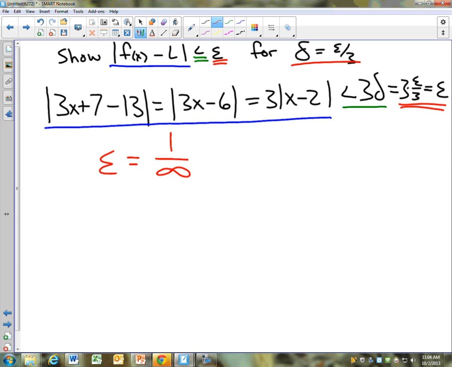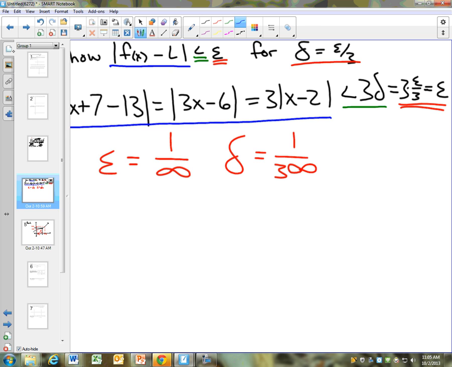We say, I have an x value that can meet that tolerance of error. You give me any error tolerance, I'm just going to take 1/3 of it, and I will get you the delta value that will get you there. And so we've completed it. There's not a tolerance of error small enough that we cannot meet. We can meet every single one.